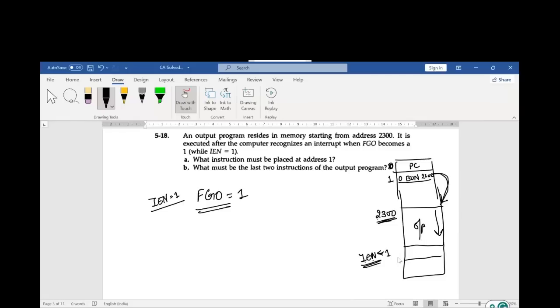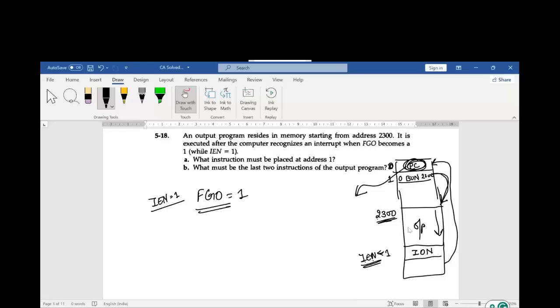So for setting the value of IEN to 1, there would be an instruction called ION. And in the last one, after this IO program completes, the last instruction would redirect you to this location, and then whatever address is given over here, you will be going back to that particular normal flow of execution.